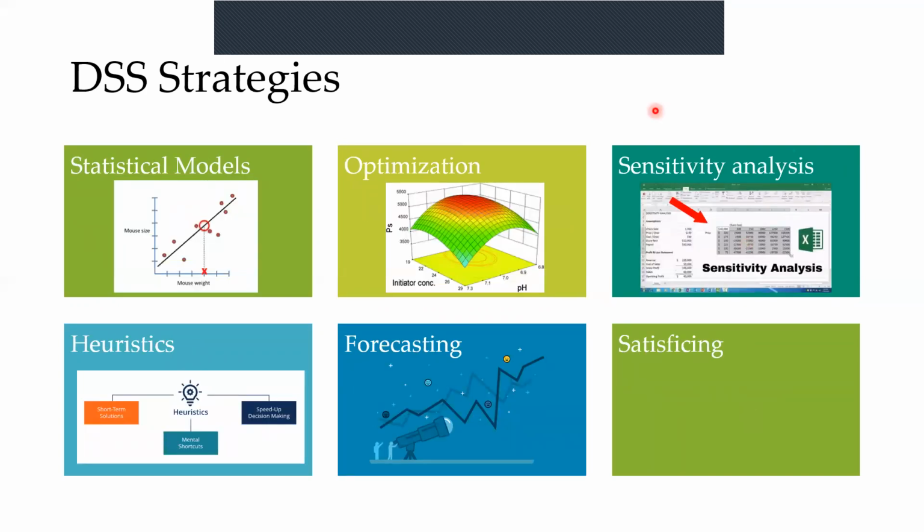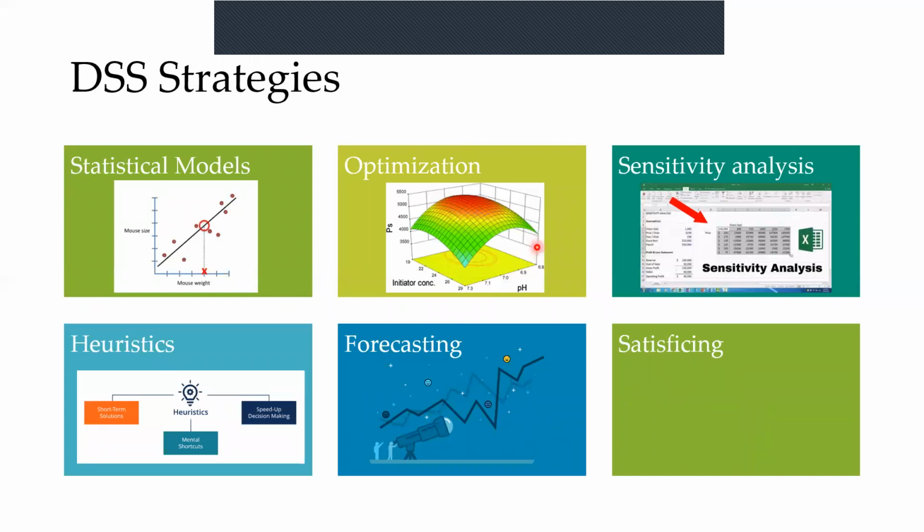Okay, so just some pictures to show the strategies. We have statistical models, wherein we have an X and Y, and then we have optimization and sensitivity analysis. So going back to optimization, are you familiar with response surface methodology?